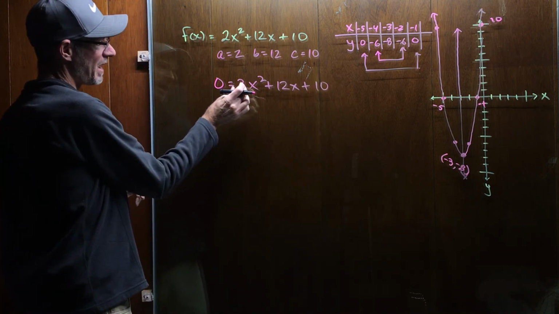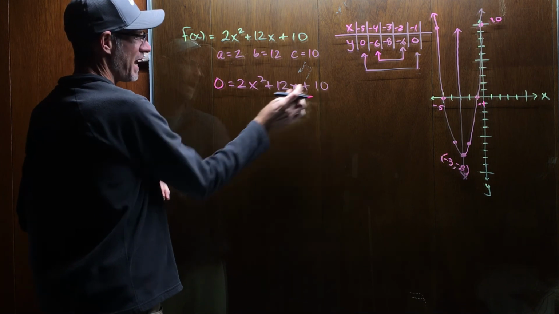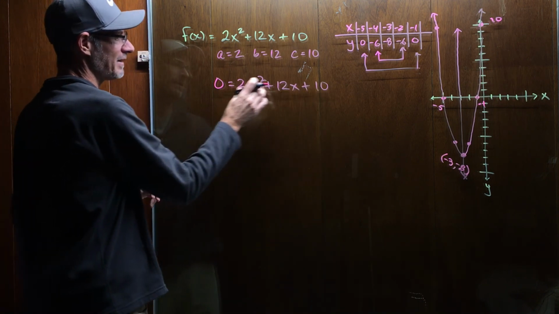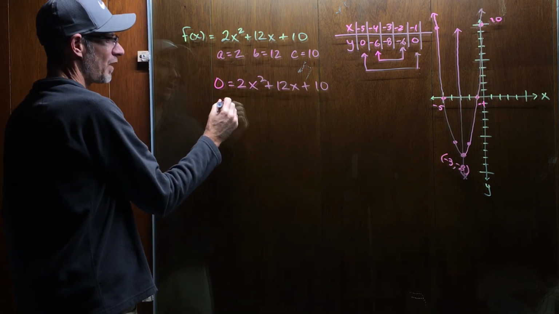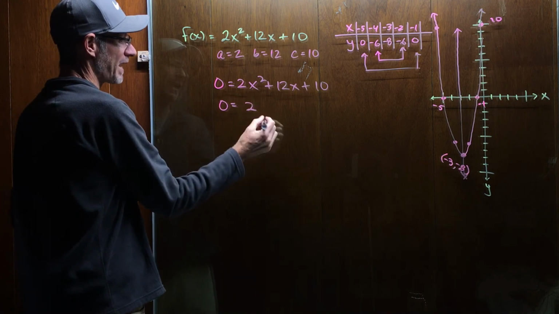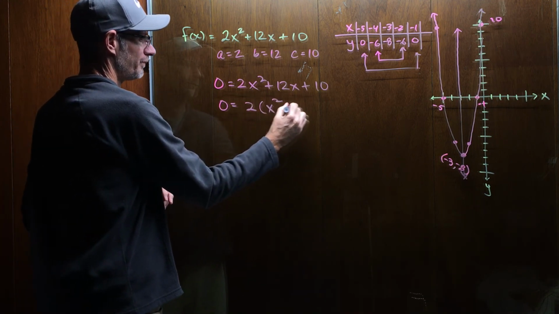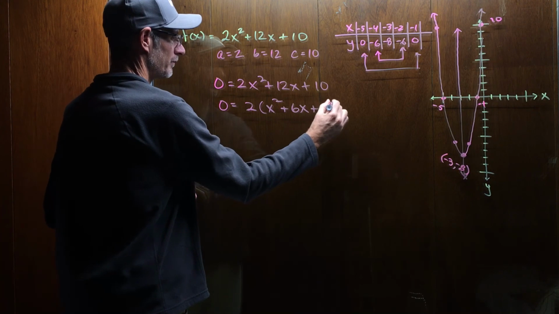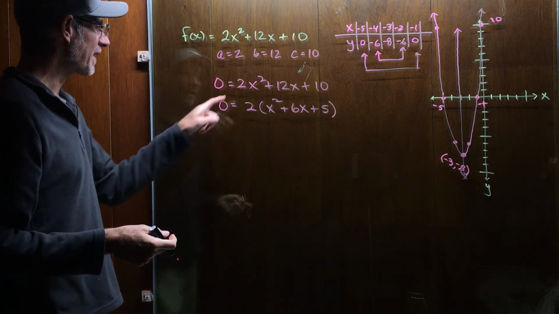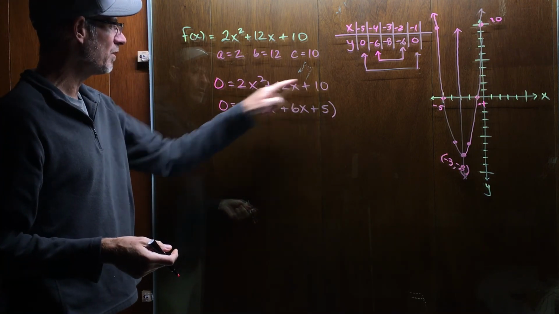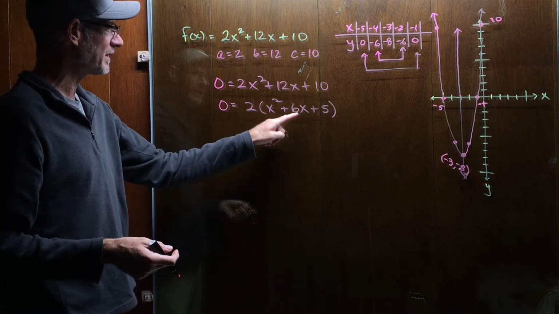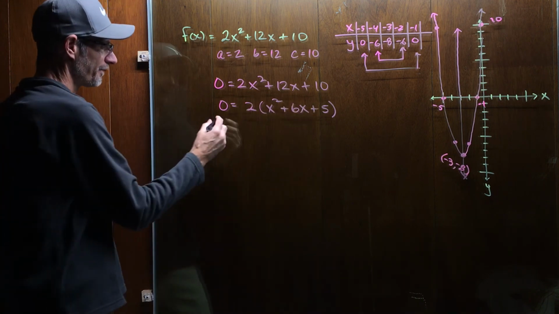And when I look at my three values, my a, my b, and my c, I can see that they're all even. So I'm going to take out a greatest common factor of 2. So my remaining factors, if I divide every term by 2, I'll have 1x squared plus 6x plus 5.